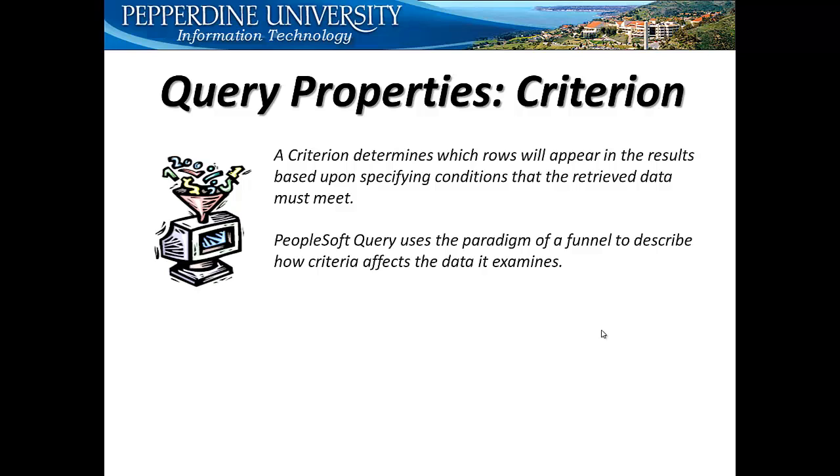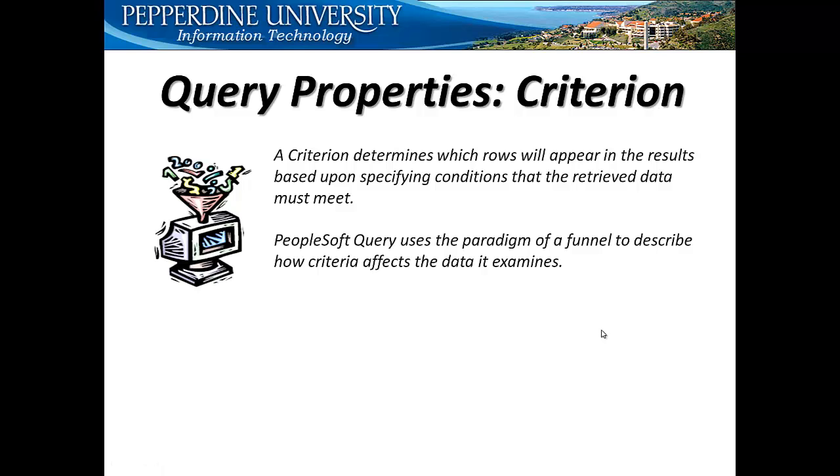PeopleSoft Query uses the paradigm of a funnel to describe how criteria affects the data it examines. Adding criteria allows the user to further narrow down query results. For example, out of all Pepperdine students, we wish to view only the undergraduates who are born in California.